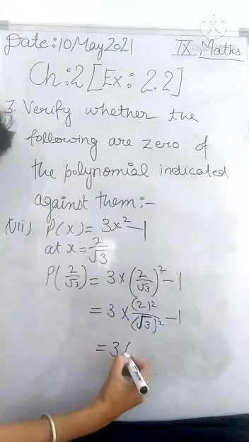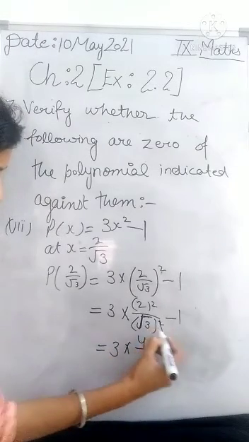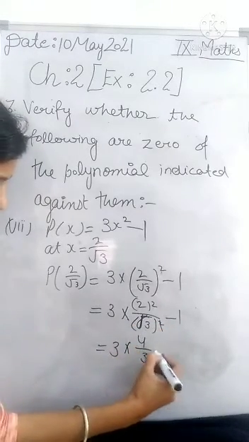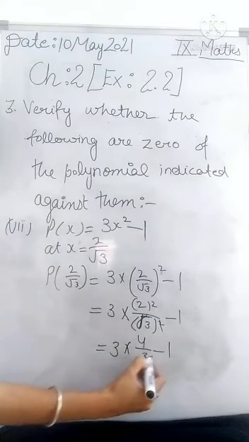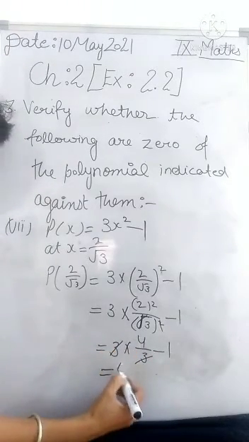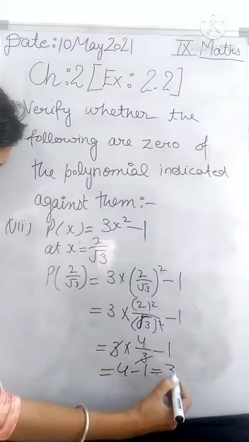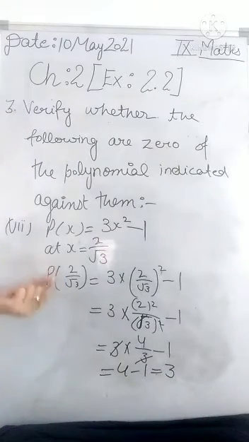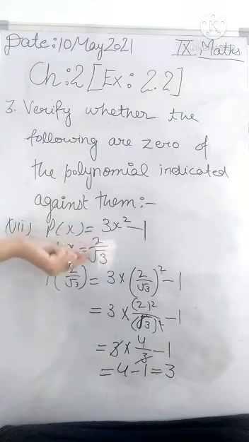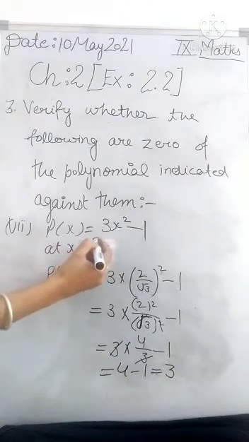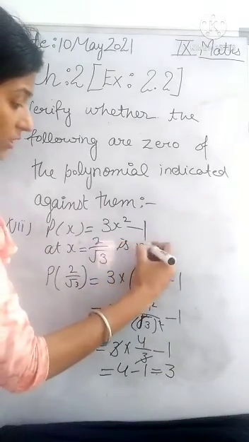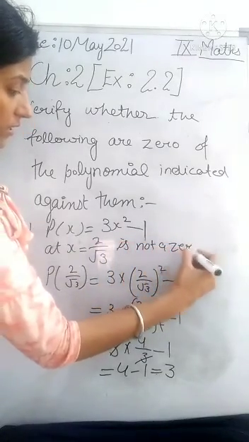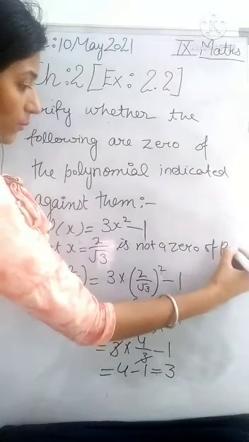So this is 3 multiply 4 by, I cut this square with this, 3 minus 1, and here I cut this 3 with this. I get 4 minus 1 which is 3. So when I put x equals 2 divided by under root 3, our polynomial is not 0. It is other than 0. Here it is 3. So x equals 2 by under root 3 is not a 0 of the polynomial.